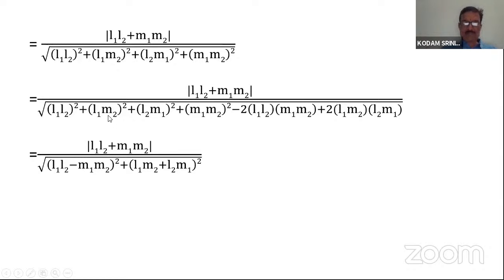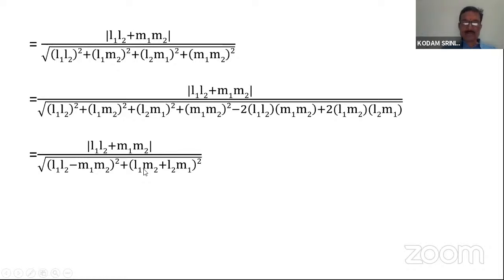From the remaining terms, what are the remaining terms? (L1 M2) whole square plus (L2 M1) whole square, again plus 2 L1 M2 L2 M1. These three terms are of the form a square plus b square plus 2ab, the expansion of (a plus b) whole square, where in place of a is L1 M2 and in place of b is L2 M1.